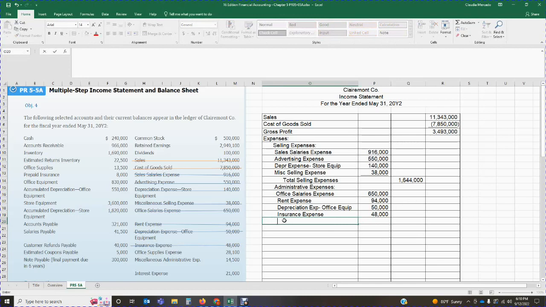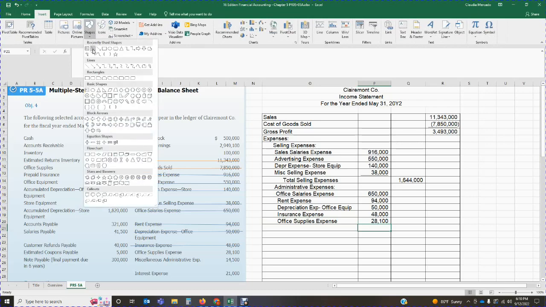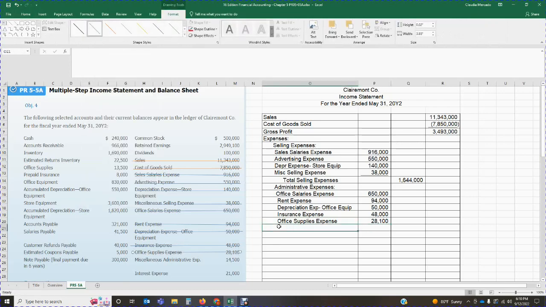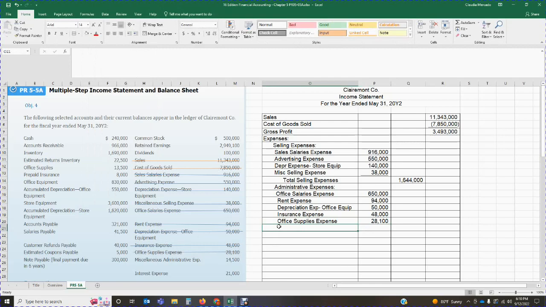Remember, anything related to the office is an administrative expense. We have $28,100. And then last but not least, we have miscellaneous admin expenses. Miscellaneous admin expenses, and we've got $14,500.